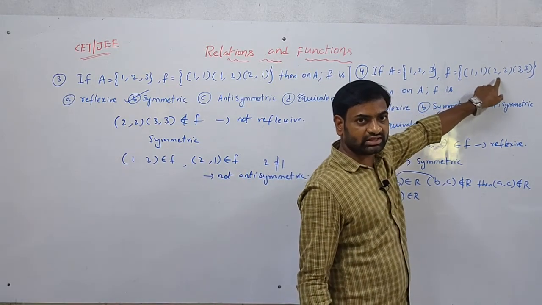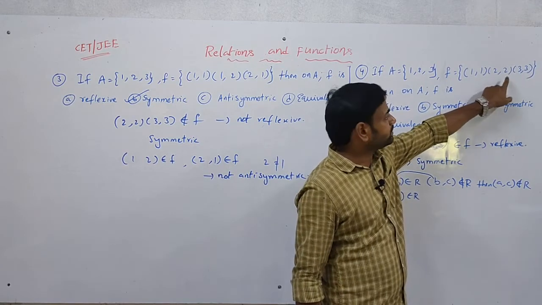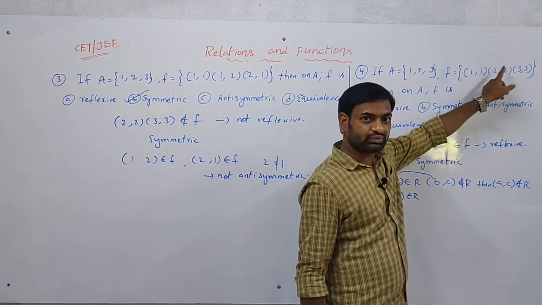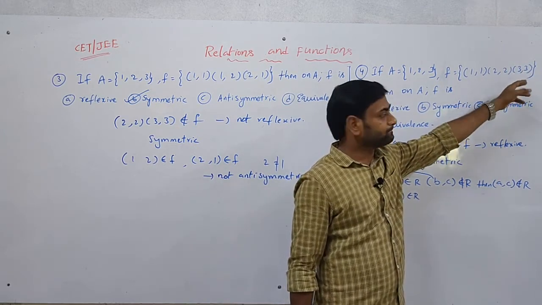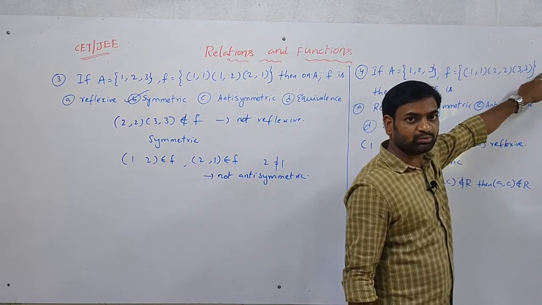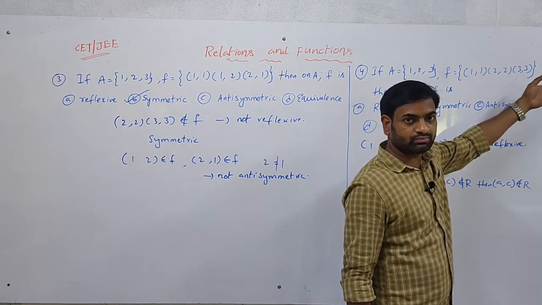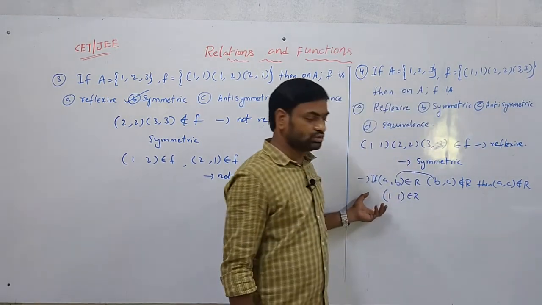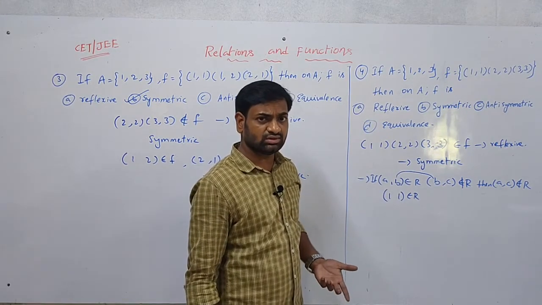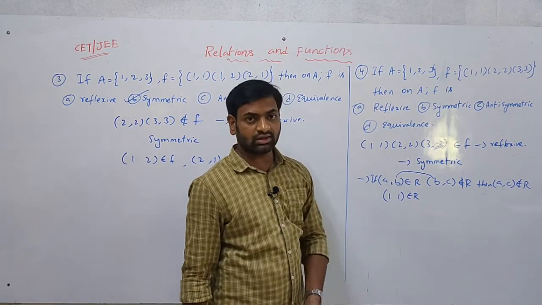With starting 1, is any other ordered pair there? No. The second element is 2. With starting 2, any other pair? No. With 3, is a second ordered pair there? No. So it is transitive.